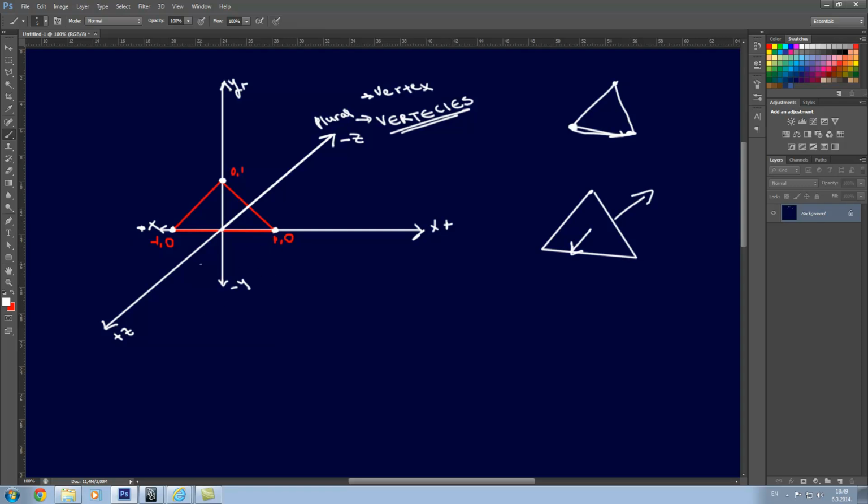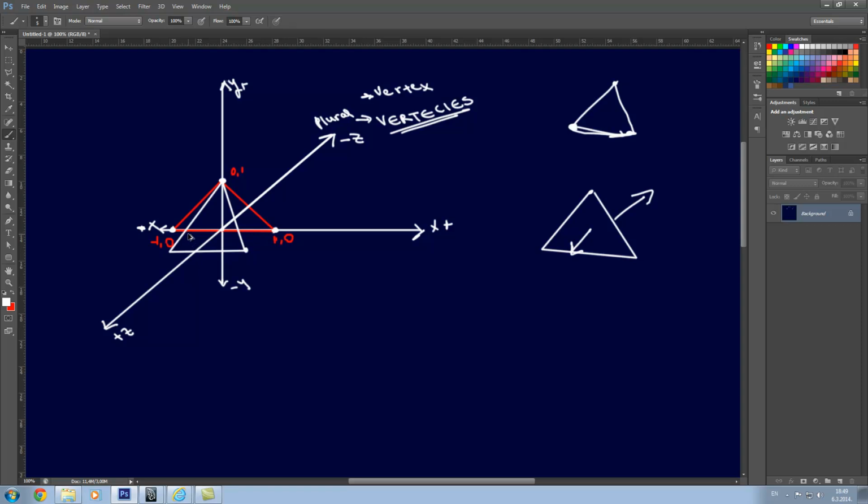Most of the time you will find that whatever is pointing away from you goes to the negative z, and whatever points towards you is the positive z. Now, in order to describe a 3D object, let me put one more point here so you can understand triangle winding.